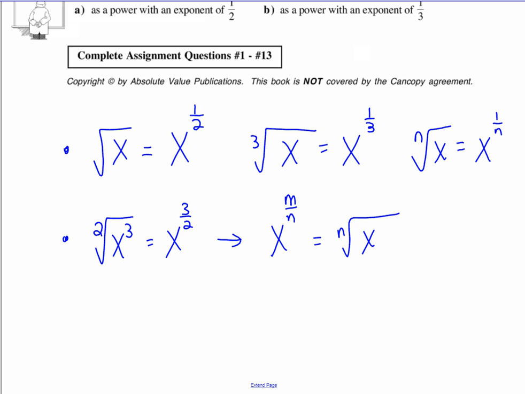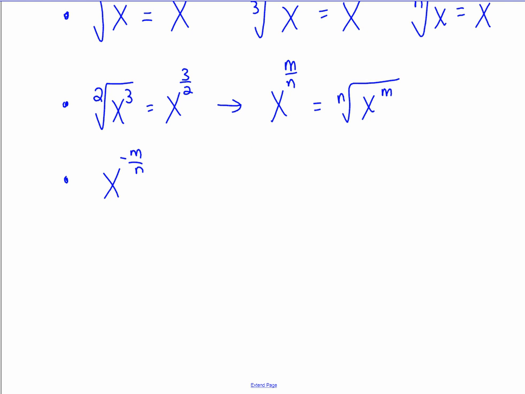N. And which one's the power? M. And the last one is if we had a negative exponent. The first thing you'd have to do is flip it, move it to the denominator, and then you can write it as the nth root of x to the power. Okay.